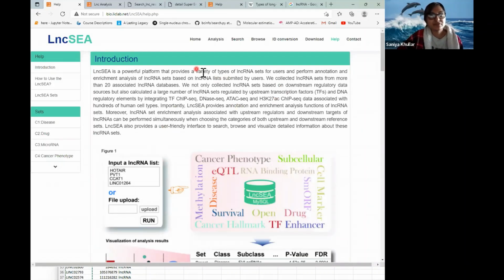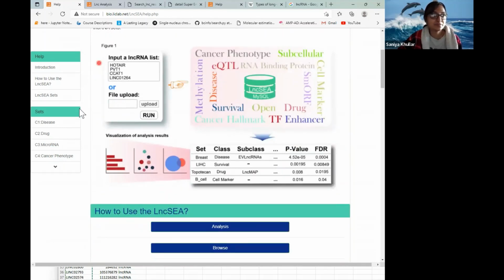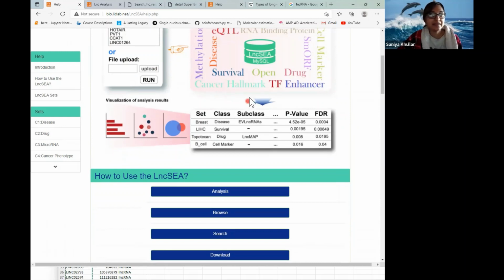It provides a variety of types of these lncRNA sets for users and performs annotation and enrichment analysis. You put in an lncRNA list, and it looks at all these different types of data and can give you p-values, false discovery rates, subclasses, sets, and classes.